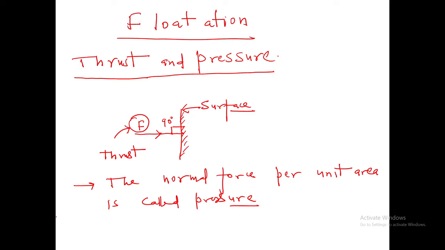Why? Because this time the area of contact is larger than that of the feet. It is observed that the effect of the same force, that is the weight of the person in this case, on different areas is different.